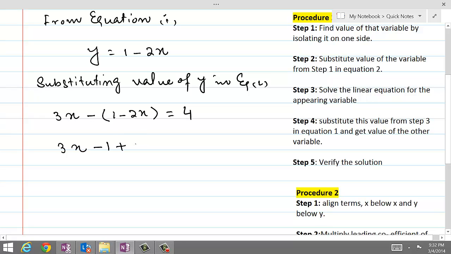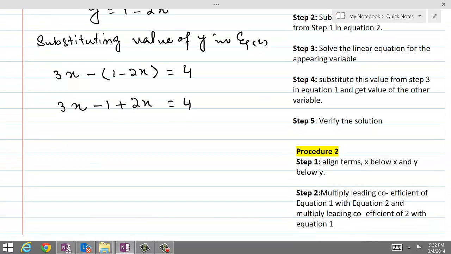and minus times minus will become plus 2x equal to 4. Like terms can be added, like 3x and 2x, which when added give us 5x. Minus 1 will transfer to the other side because we want to collect constants on one side and variables on the other side.